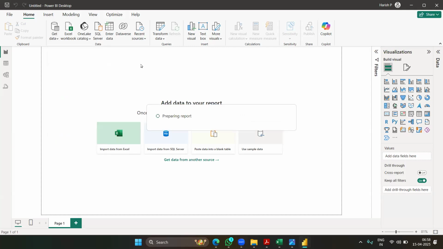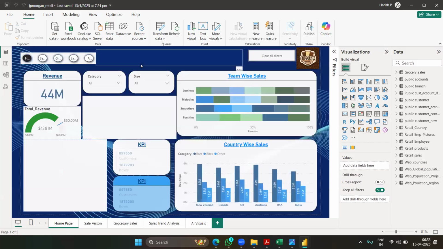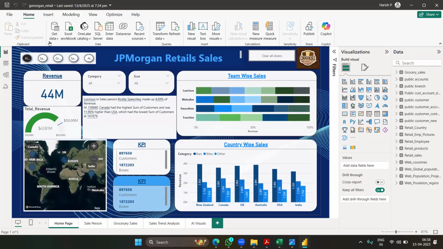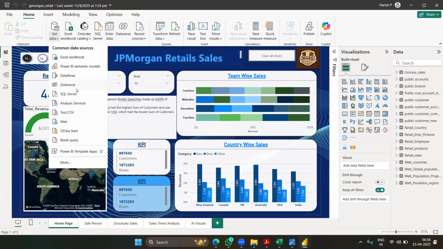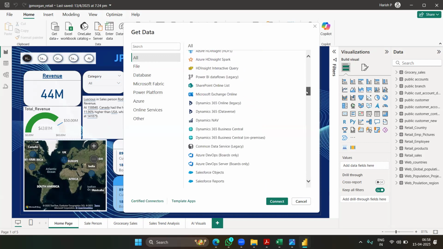I'm just opening one of the Power BI reports that we created. If you see here in Get Data, or you can see these options, we are going to touch base on getting the data from files, from databases, from websites, anything. Power BI has the capability to connect to almost hundreds of systems.